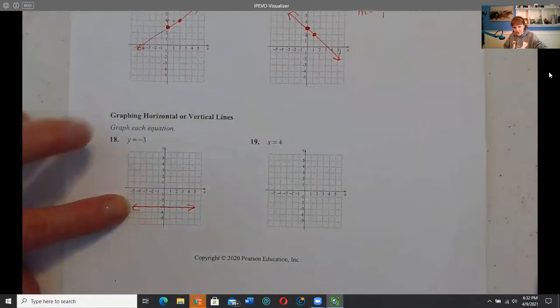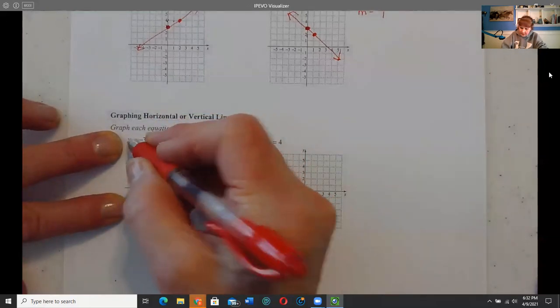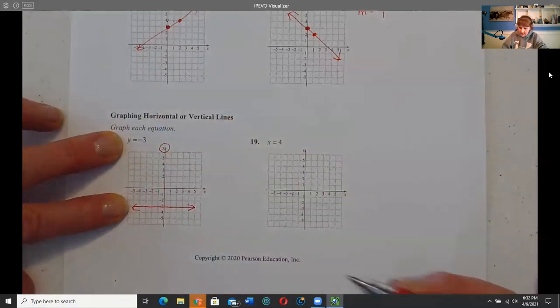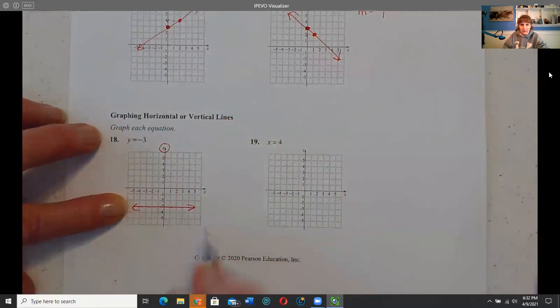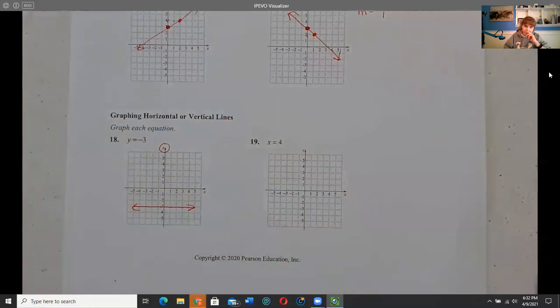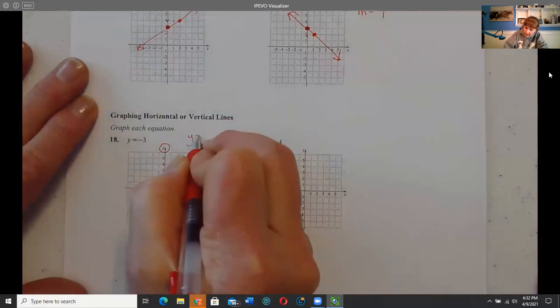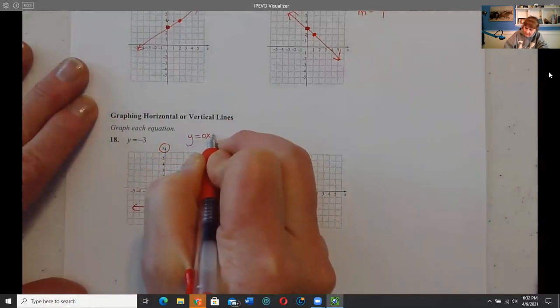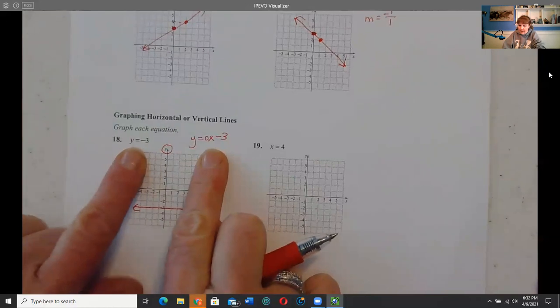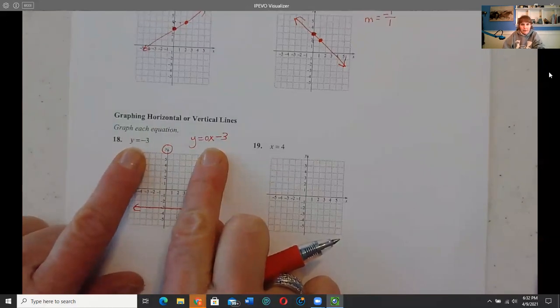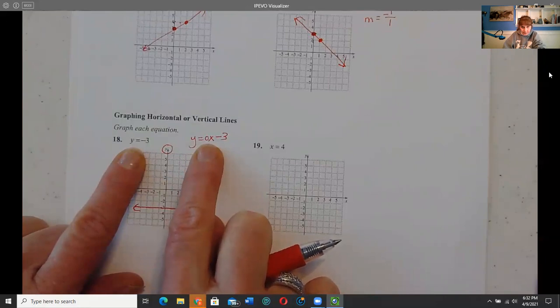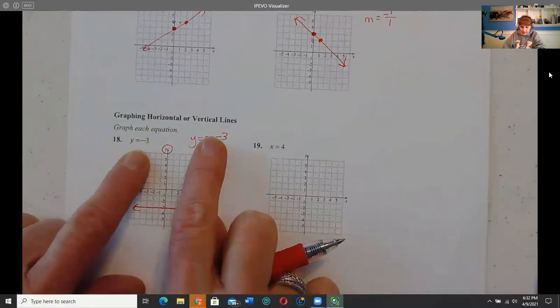And this is the graph of this. So it's going to hit the y-axis at -3, and the slope is 0. So this is if you're missing the x, because we had y equals 0x minus 3. These two mean exactly the same thing. 0 times x is just 0. So you can actually get rid of that and write it like this.